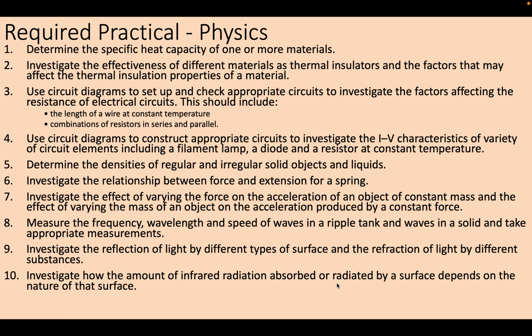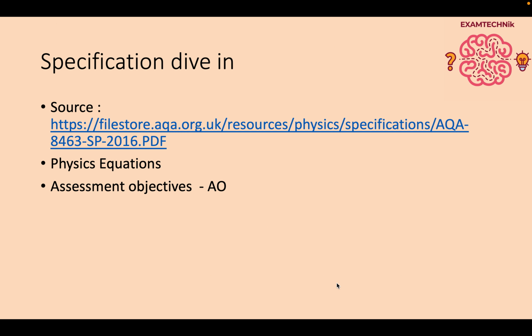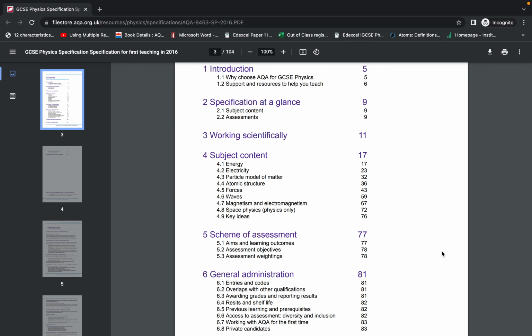Right, we'll move on now to having a look at the specification and a bit of a dive in. Here's the link here. It will be linked in the description for this video. Two first things that we're going to look at are the physics equations and the assessment objectives. So if we go across here, scroll, what you'll find is that that should be the same URL that you had in the PowerPoint.